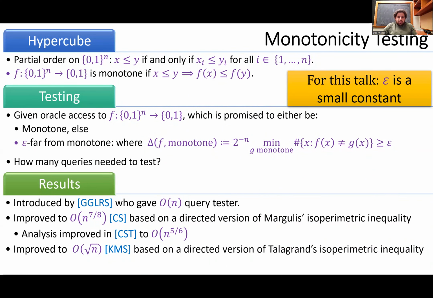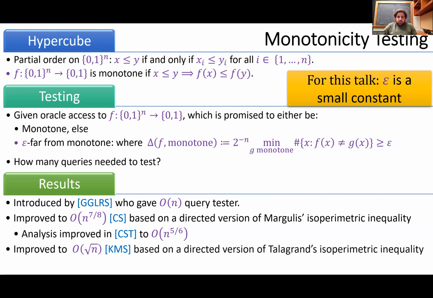The base tester just takes 2 points x and y that, in this case, do not differ on only one coordinate, but rather they differ on several coordinates, between one through many. So they already had to come up with a new test, but the real interesting thing in this work is the analysis of the tester. The analysis relies on a very interesting directed version of an isoperimetric inequality due to Margulis, which they had to prove, and then used in order to analyze this path tester that I just mentioned.